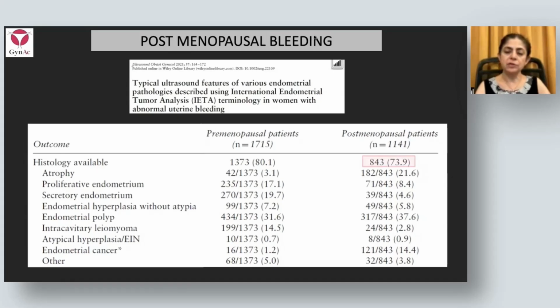In postmenopausal women, a large percentage had atrophic endometrium, 21.6%. 37.6% had endometrial polyps and 14.4% had endometrial cancer, which was significantly higher than that seen in premenopausal women. Other histopathologies noted were endometrial hyperplasia with atypia, endometrial hyperplasia without atypia, proliferative endometrium, secretory endometrium, and so on.